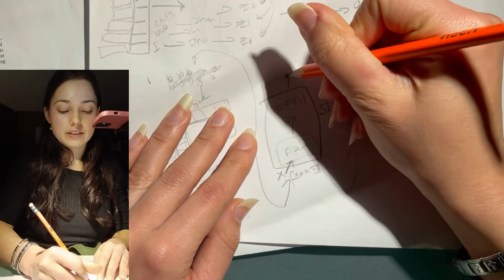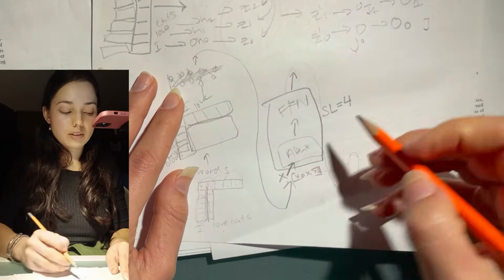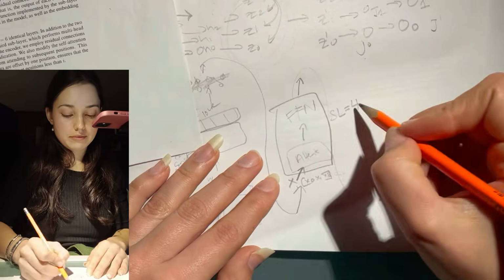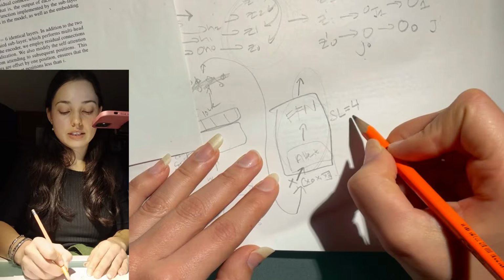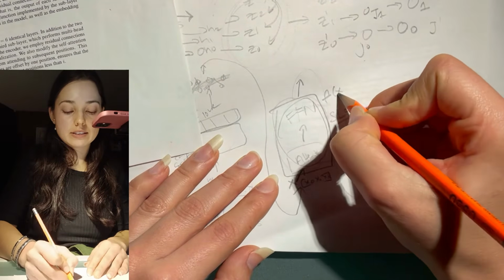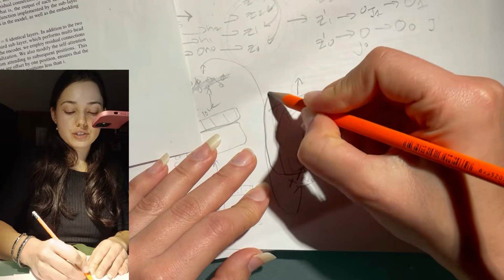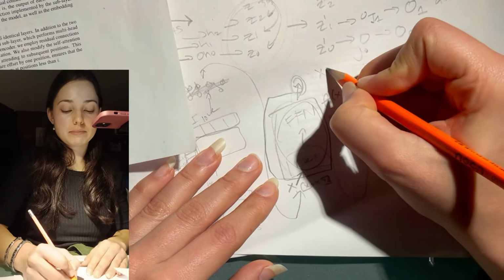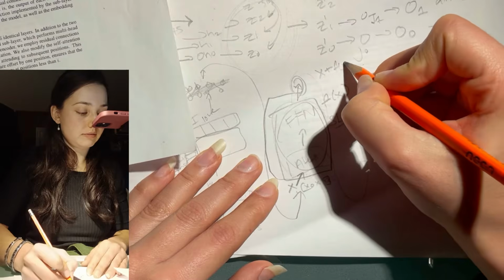And then here, the output, well, we have whatever the function is. So let's say this entire thing can be viewed as f(x). But since we have this residual connection here, the output here is actually x + f(x).